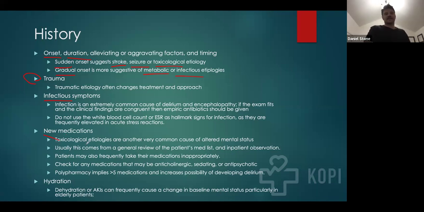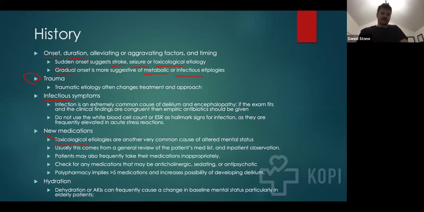These things can commonly cause toxicological manifestations. I know in Arusha there are a lot of herbs that people tend to use, and those can also be on the differential for the toxic encephalopathies. So just make sure that you ask about those.